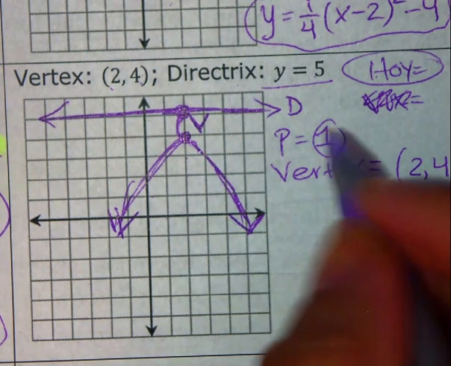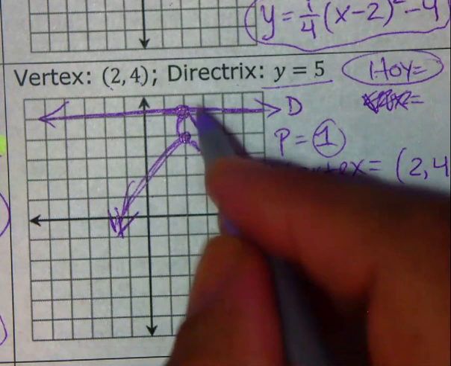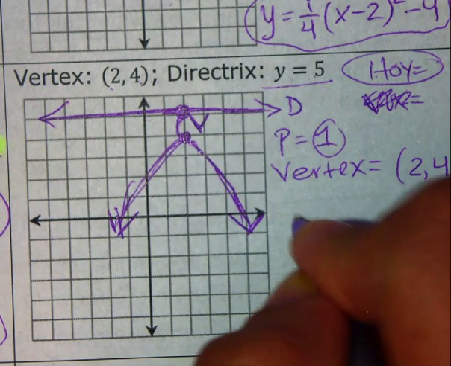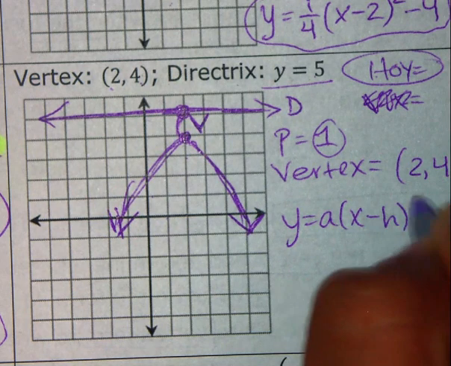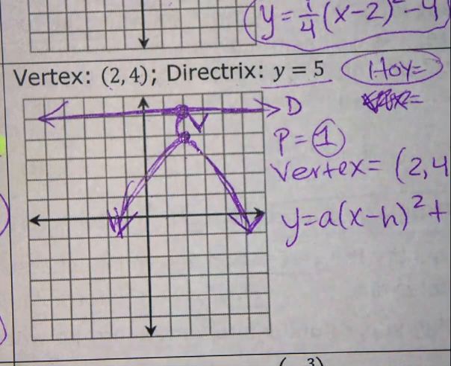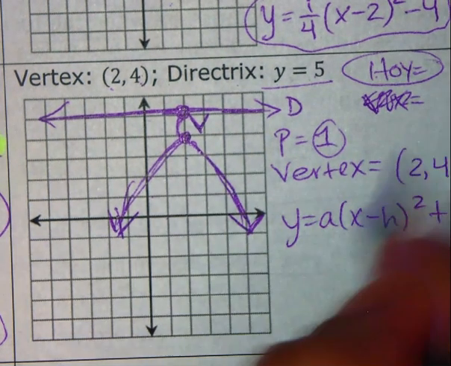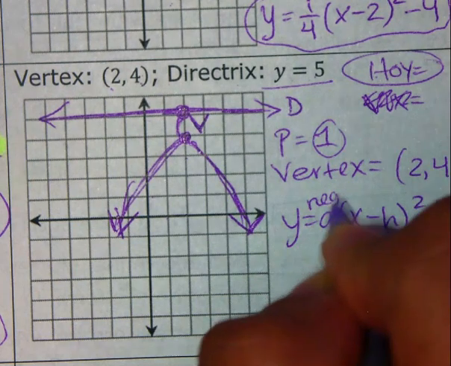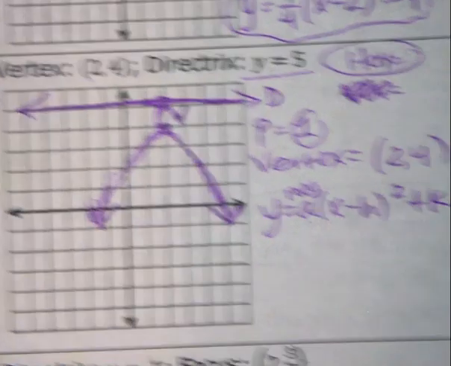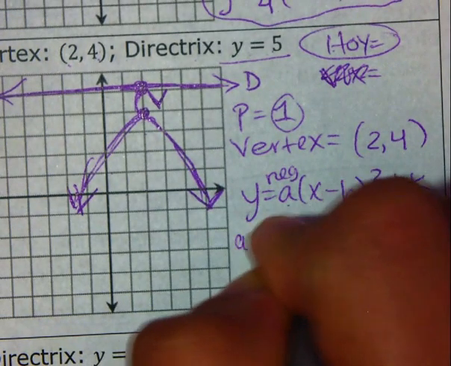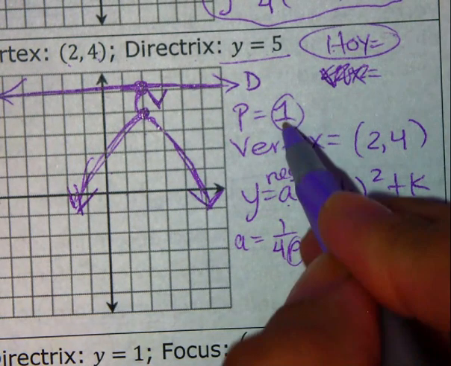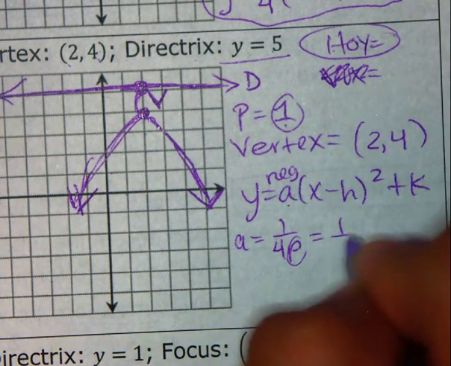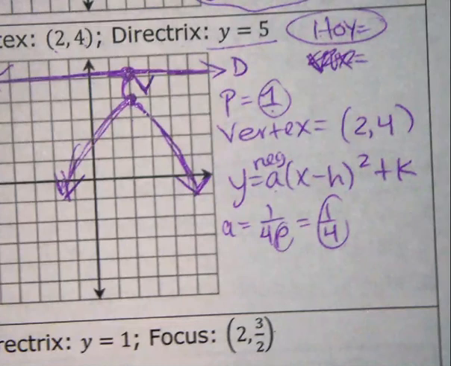And the equation we're going to need is up and down, which is the normal formula: y equals a(x minus h) squared plus k. But because it's opening down, we know that the a is going to be a negative value. So we calculate a by using 1/4p. P value we said was 1. So that means it's 1/4 for the a value.